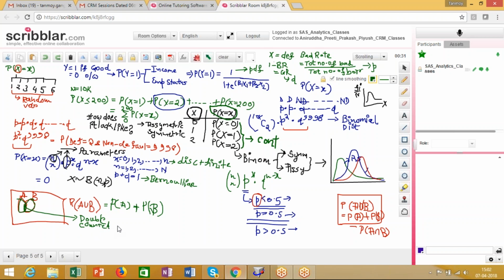Now to avoid this double counting, we are removing probability A intersection B. This A intersection B is double counted in this probability A plus probability B calculation. Therefore, what we do is subtract probability A intersection B.